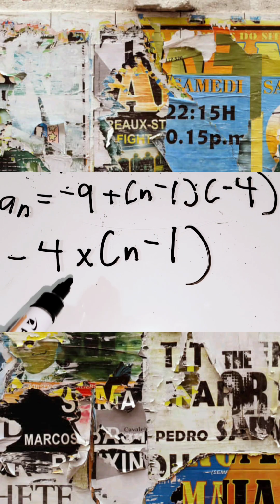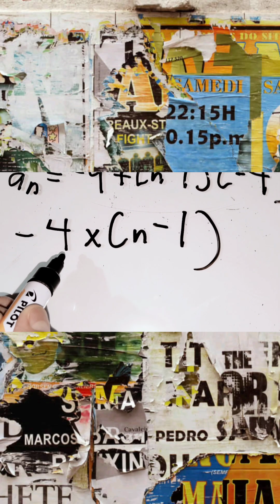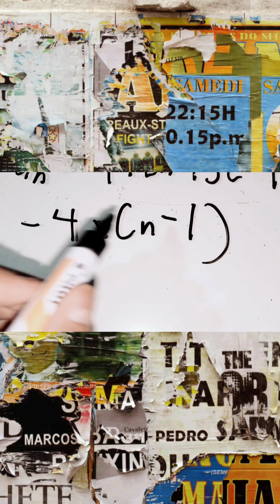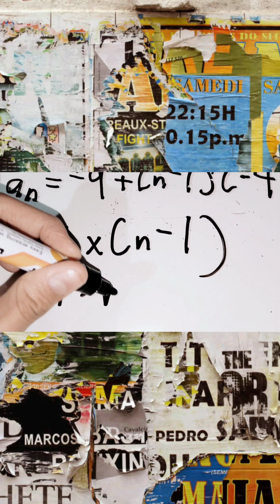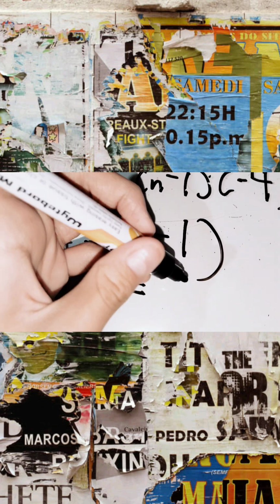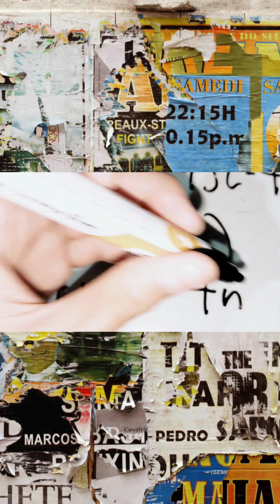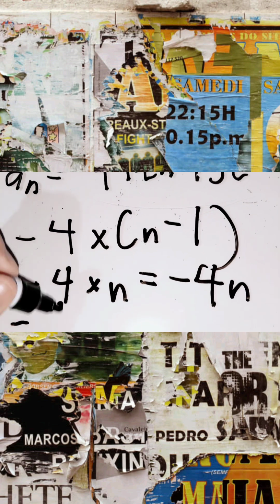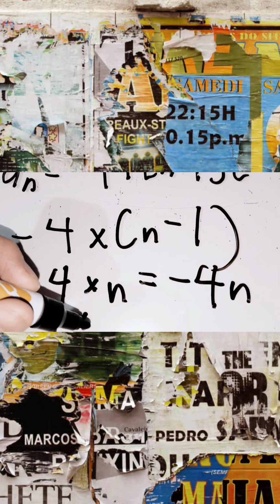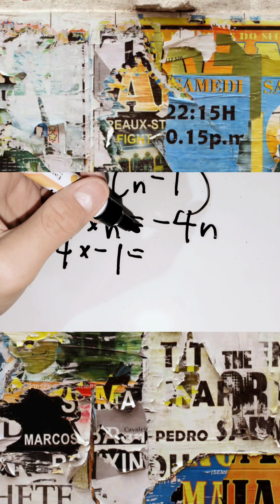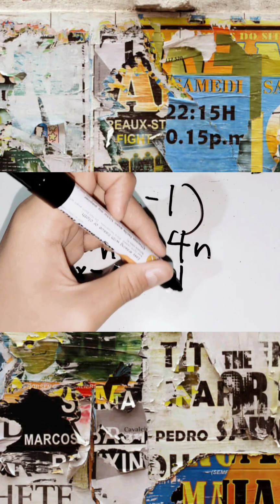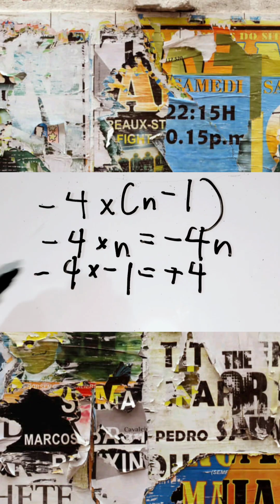Okay. So now we're going to distribute negative 4 to each of these. So negative 4 times n equals negative 4n, and negative 4 times negative 1 equals positive 4. Combine.